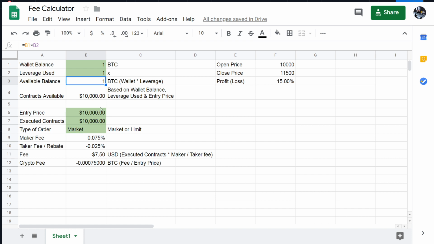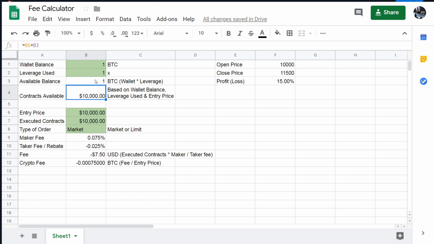Which means if the price of Bitcoin is trading at $10,000, I can make a $10,000 position on Bitmex. So that's very simple. One Bitcoin with 1x leverage at a price of $10,000 has an available balance of $10,000 that I can be placing on a trade.